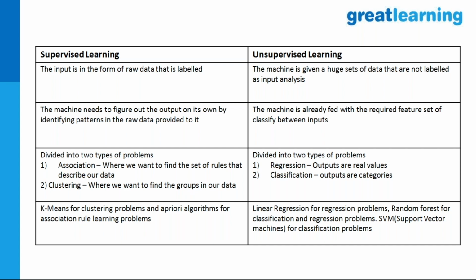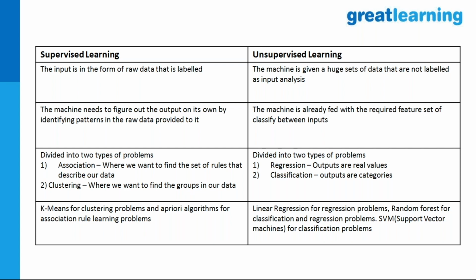Unsupervised is divided into two types of problems. One is association and one is clustering. Supervised is divided into two types of problems. One is regression and classification. These are the high level, but internally we have so many learning techniques and patterns available based on the data that we can classify or group into different segments.